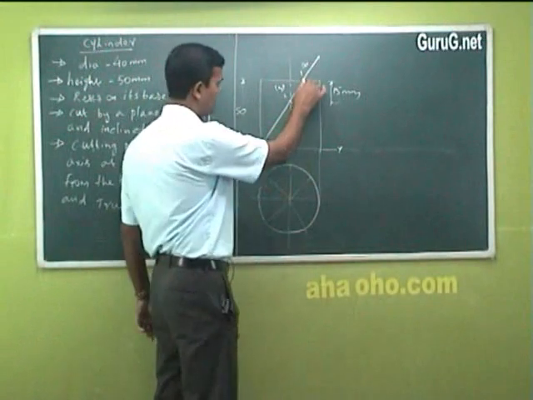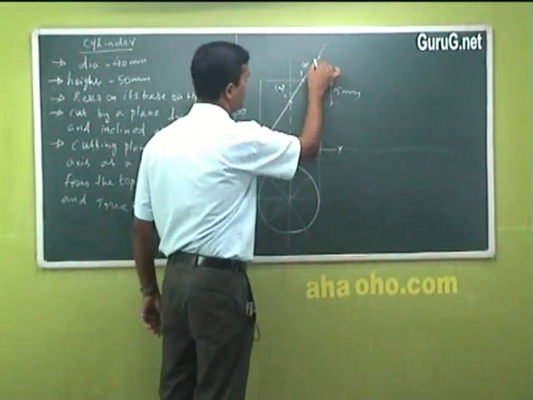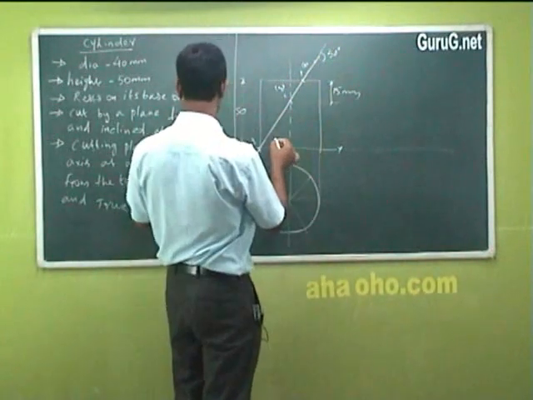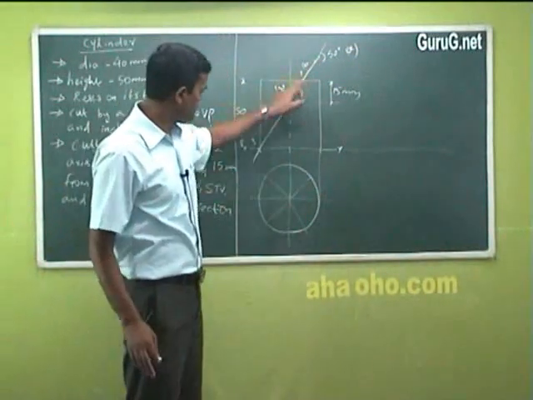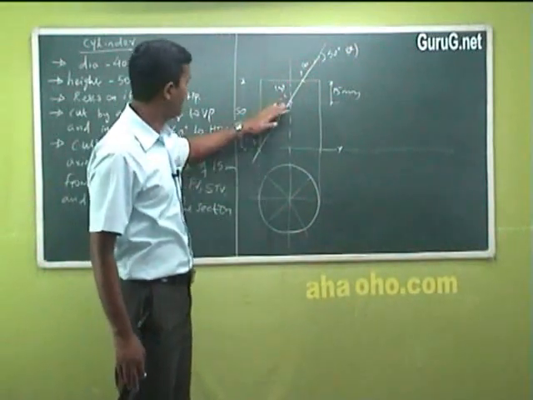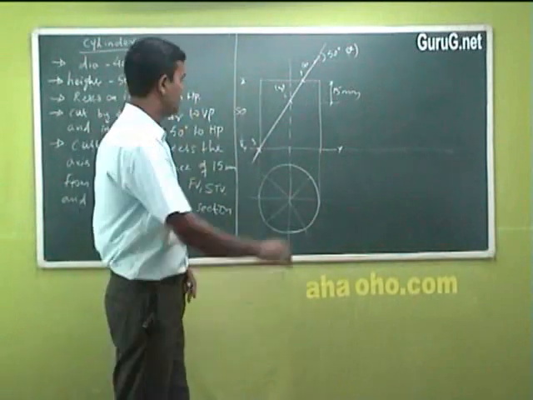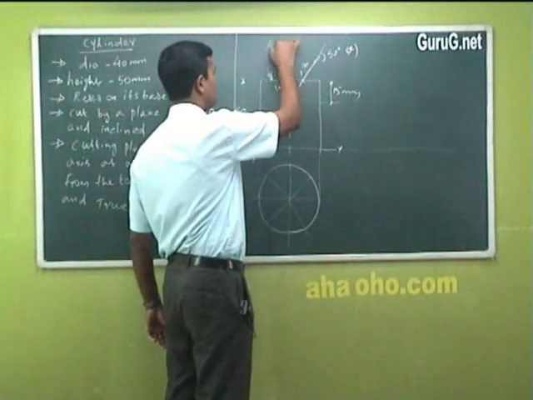And now, as I said, once the cutting plane, what is the angle given? It should make an angle of 50 degrees to HP, so it's theta. That's it. So this is your cutting plane, and then the removed portion will be this area. You can draw it anywhere. So I will say this portion is your removed portion.